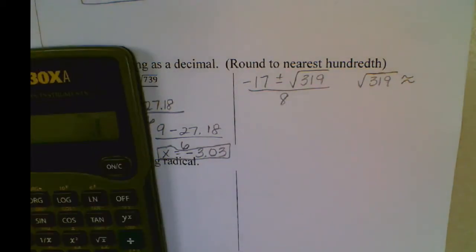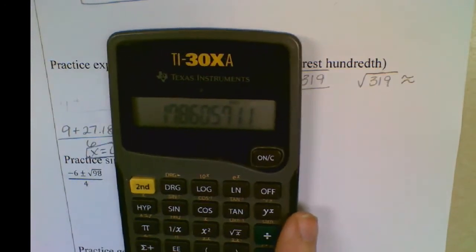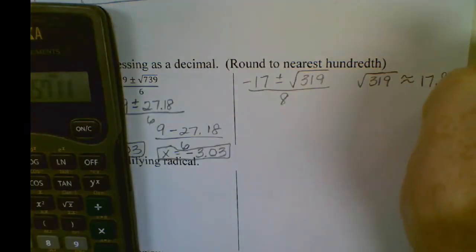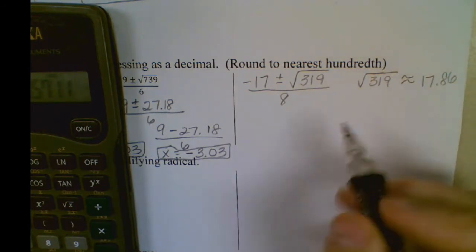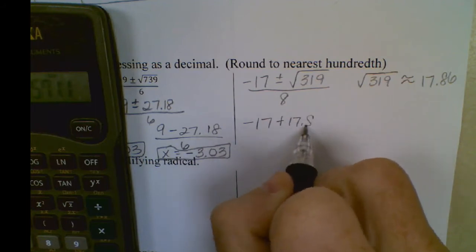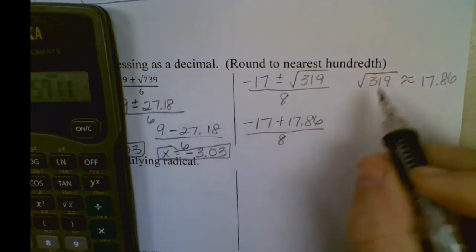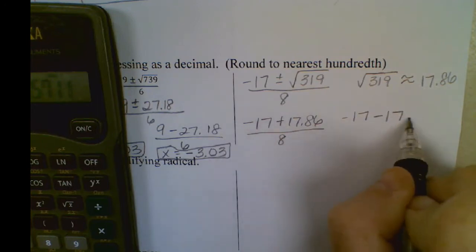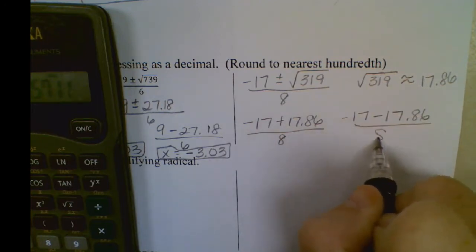It's not accurate. So square root of 319 is 17.86, roughly. And now I can use that to write my two equations. So I have negative 17 plus 17.86 over 8, and negative 17 minus 17.86 over 8.